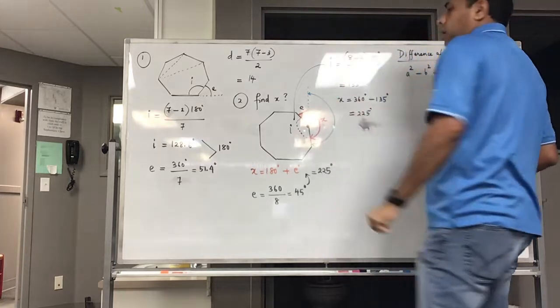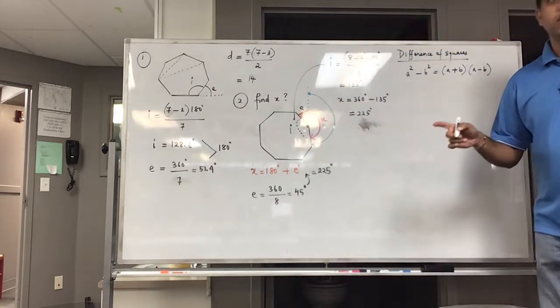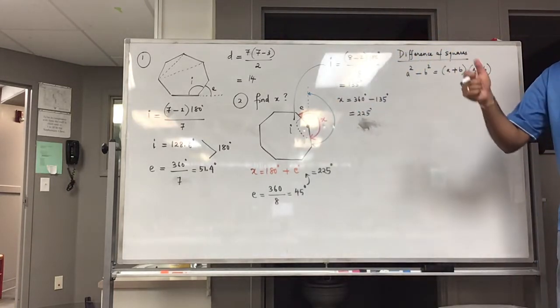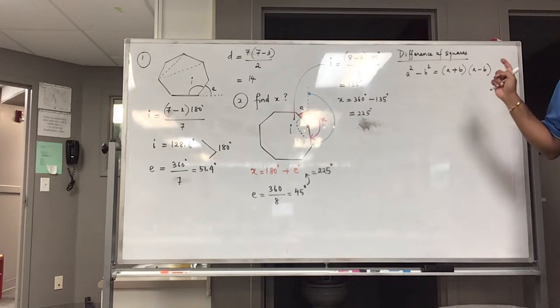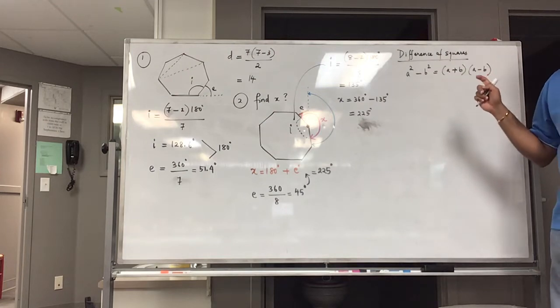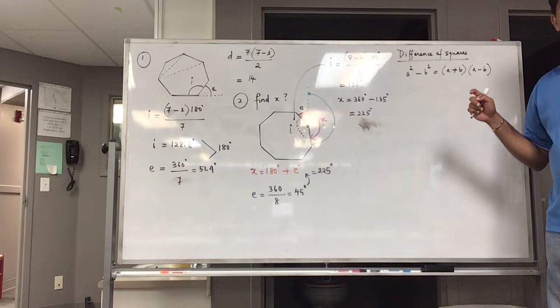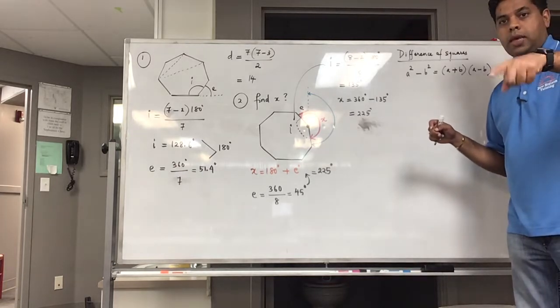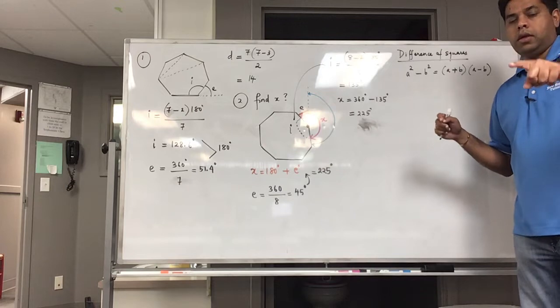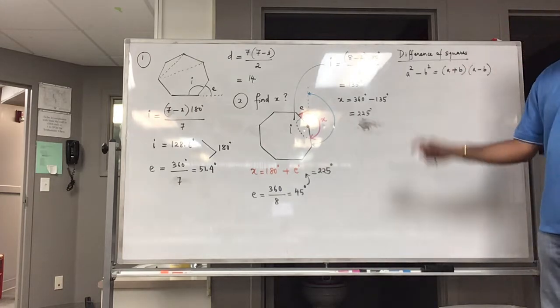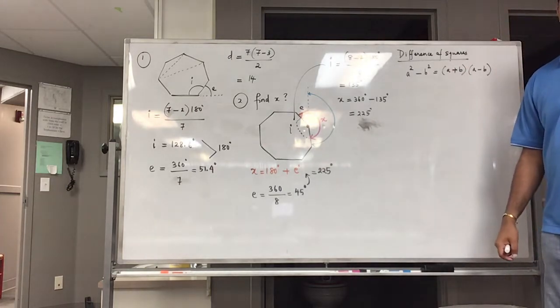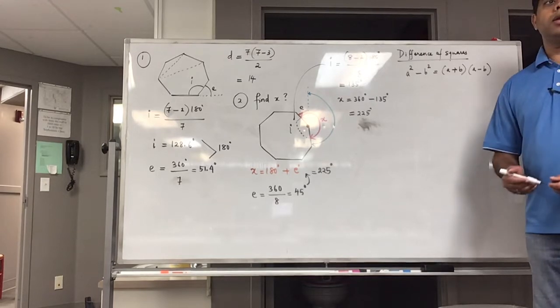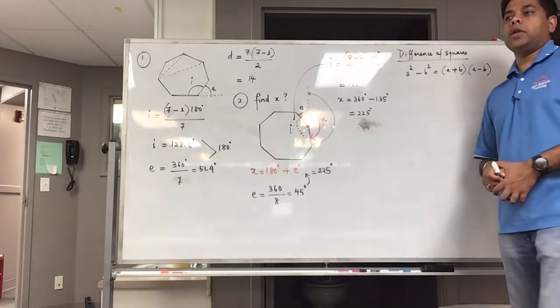Now, raise your hands if you know this formula, or do the thumbs up. 1, 2, 3, 4, 5, 6, 7. This is one of the most important equations in algebra. This is one equation you will definitely carry to college.